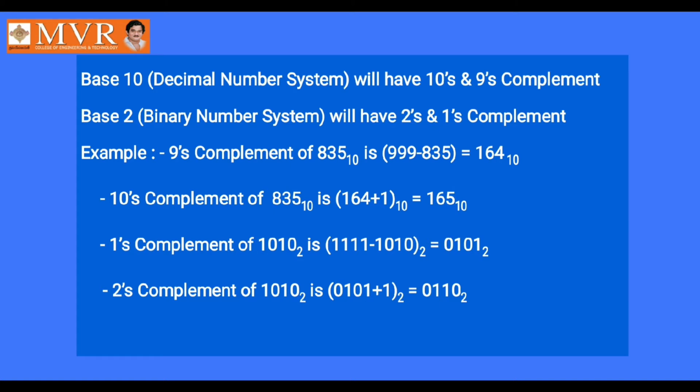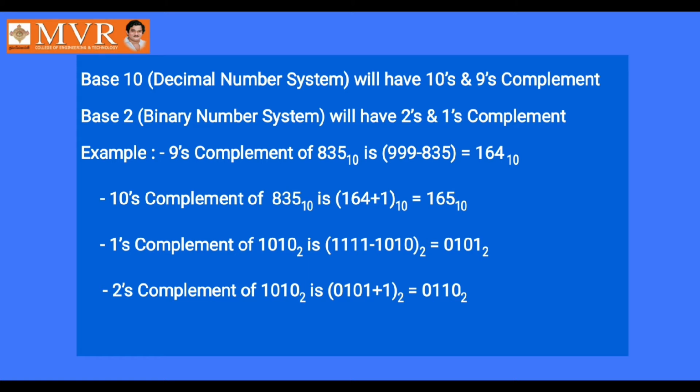logic here? See, in this 1010, when you change the positions, ones as zeros and zeros as ones, you will get the 1's complement. Wherever ones are there, you put zeros, and wherever zeros are there, you put ones. It is nothing but your 1's complement. So simply toggling the bits, zeros and ones changed to ones and zeros, gives the 1's complement.